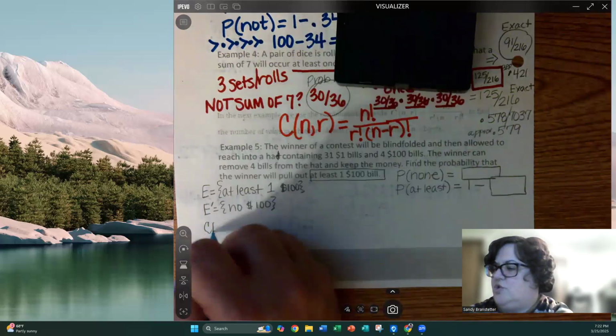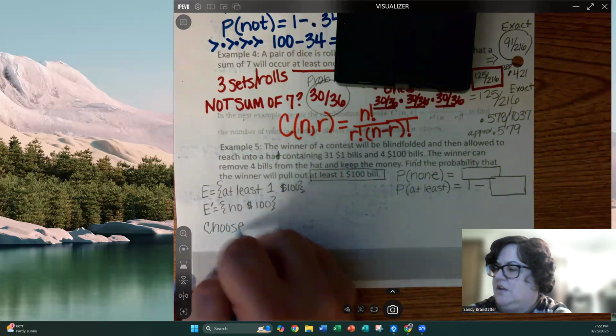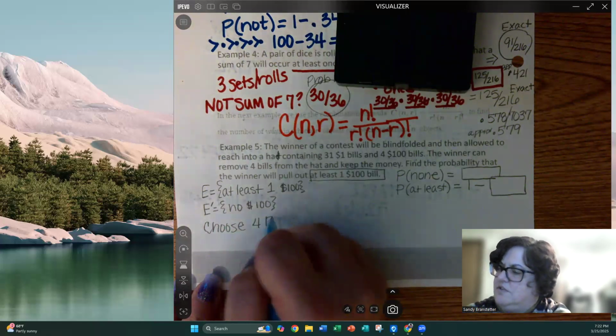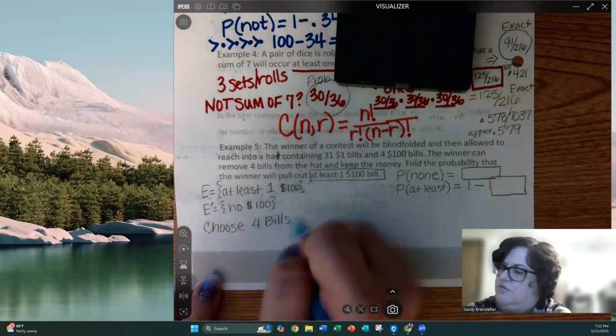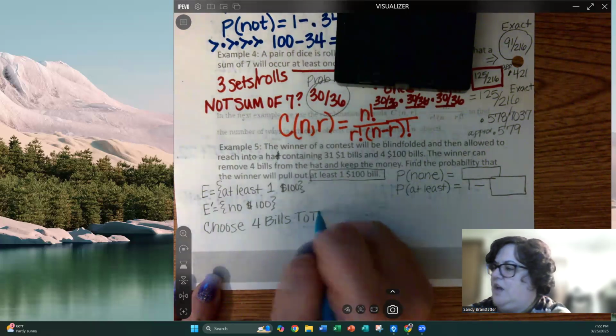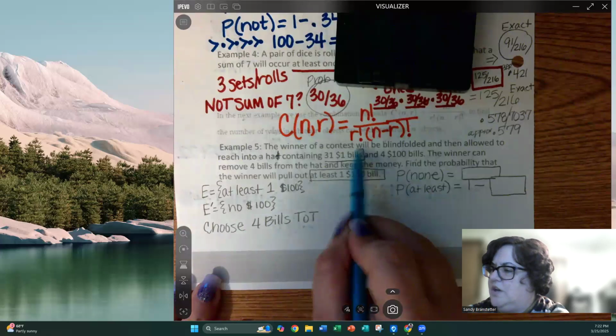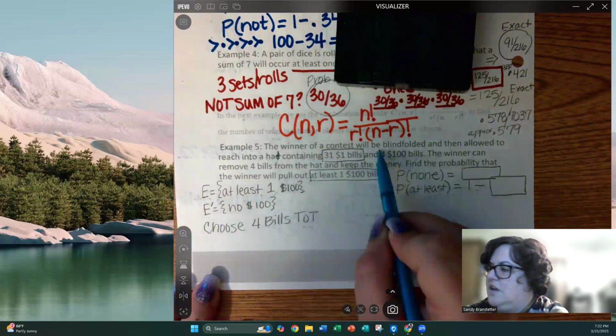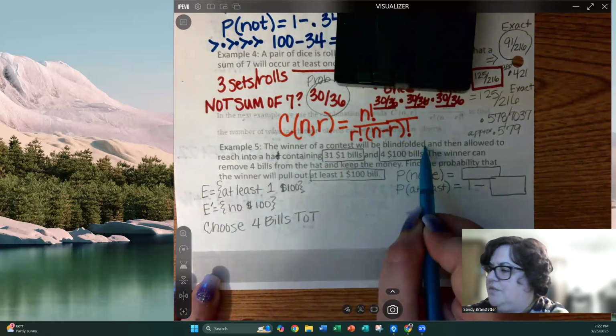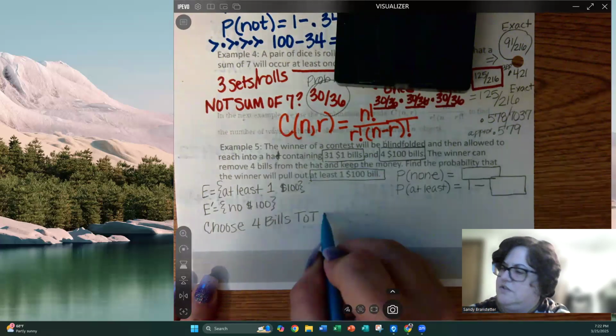We're going to be choosing 4 bills from a total of how many? 31 $1 bills and 4 $100 bills.